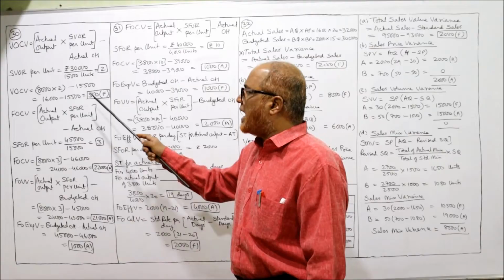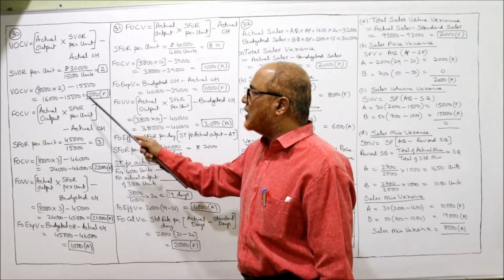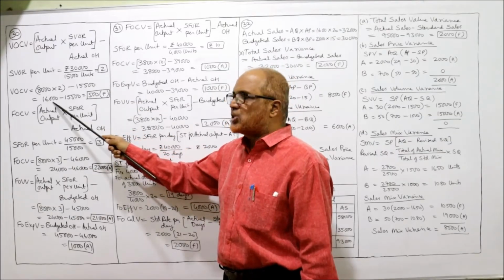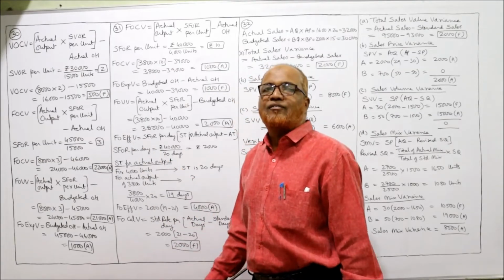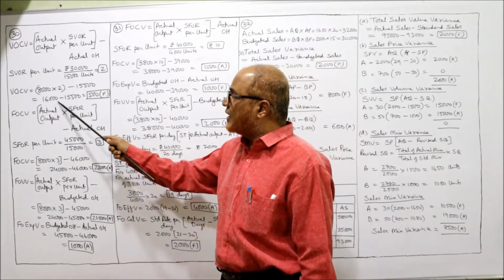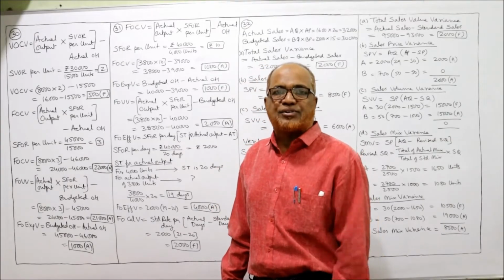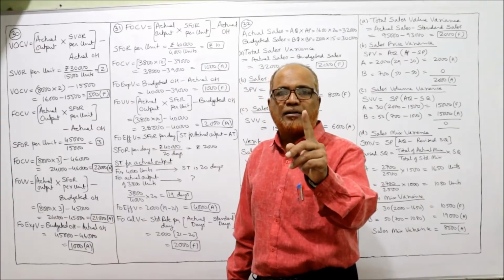In the problem, actual variable overhead is given as 15,500. So 16,000 minus 15,500 is 500 rupees favorable, because we are getting a positive. Positive variance is favorable, negative variance is adverse. So positive 500 favorable. One variance completed.